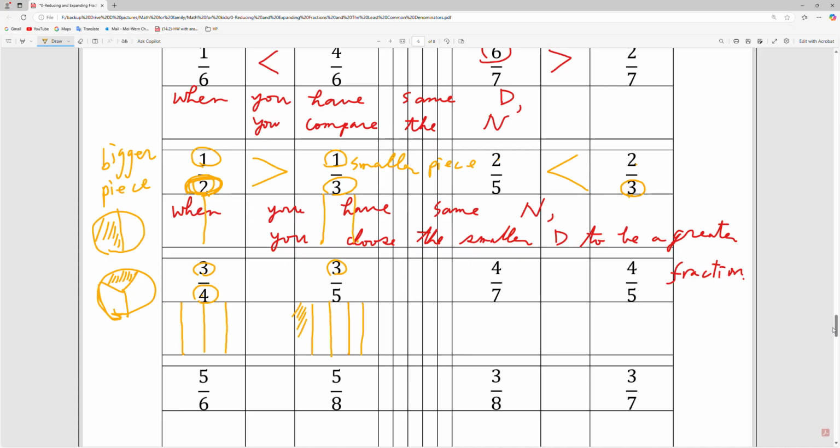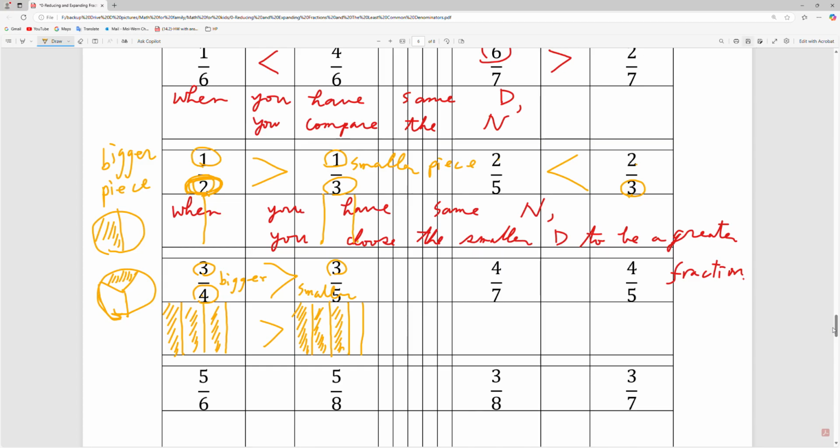So if you cut into 5 pieces, it's smaller. You cut into 4 pieces. Each piece is bigger. And then you want the 3 of them. Okay. So this definitely is bigger. Okay. So you can go home, try to draw.